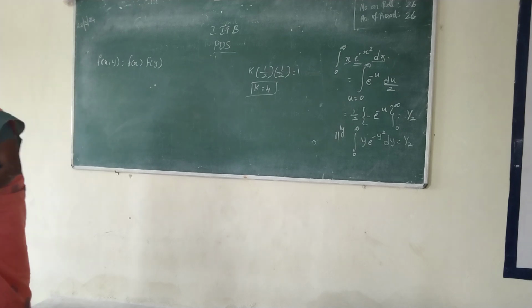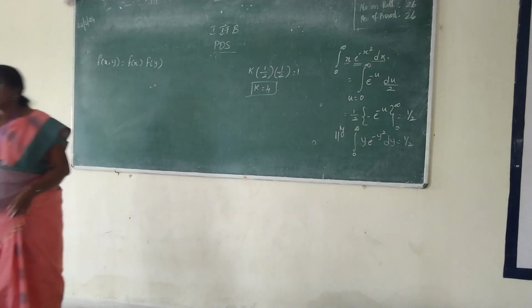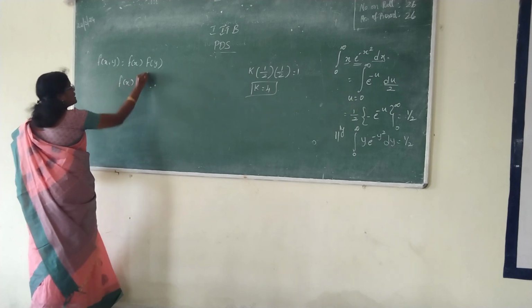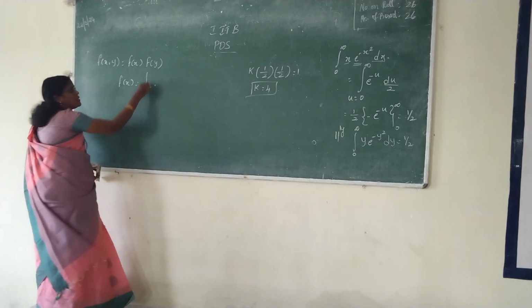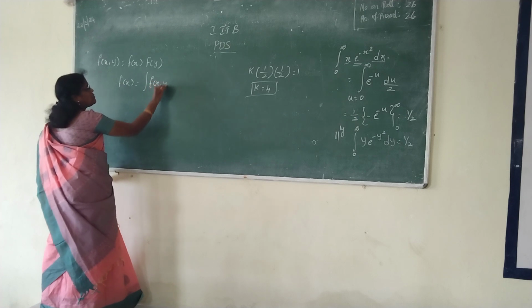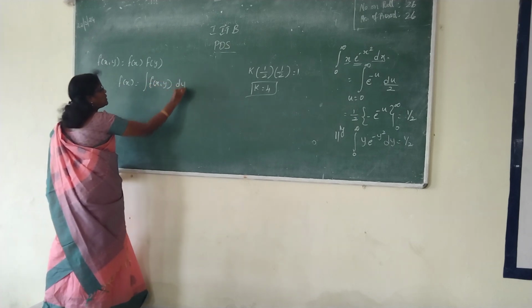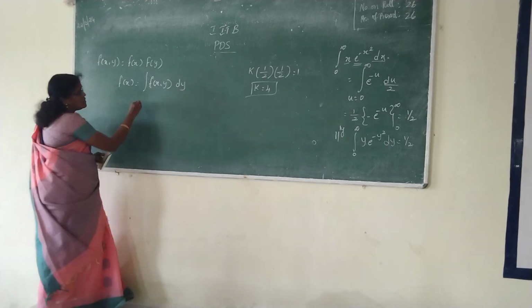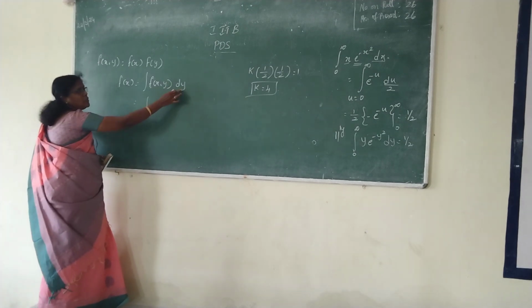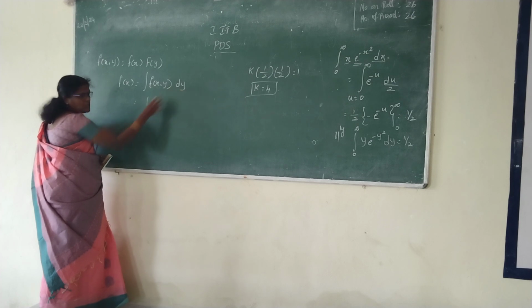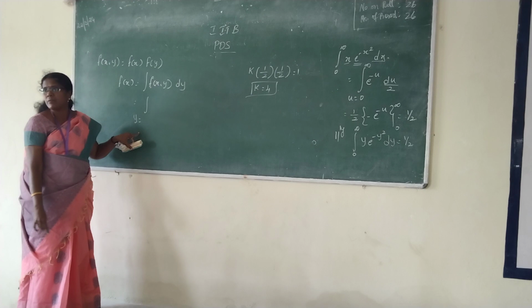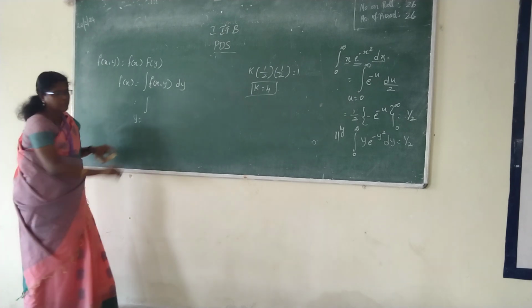So I start with f(x). How do we define it? f(x) is the integral of f(x,y) dy. We integrate with respect to the y variable, so you have to substitute the limit values for y. What is the limit value for y? 0 to infinity.